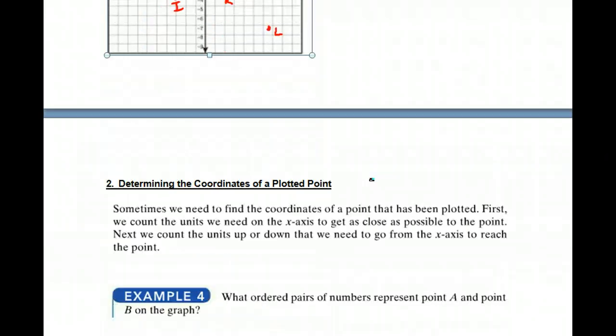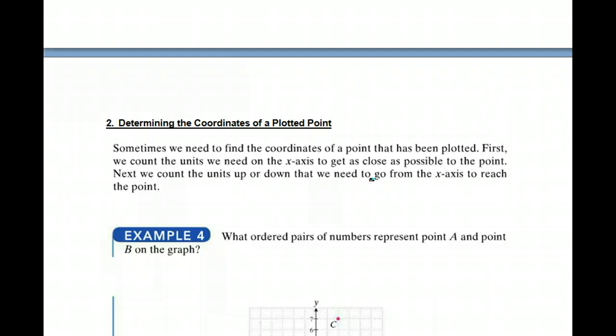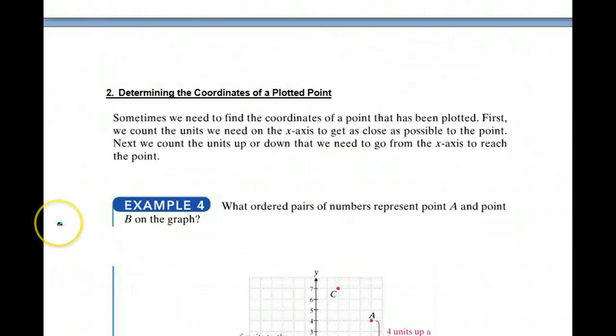Our next topic is determining the coordinates of a plotted point. Sometimes it is necessary to find the coordinates of a point that has already been plotted. So we're simply going to reverse the steps that we just took. First, we will count the units that we have moved on the x-axis to get as close as possible to that point.